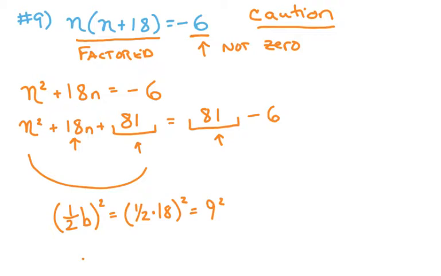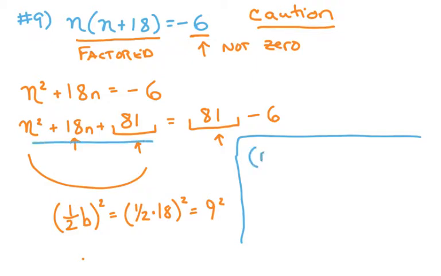So now what are we looking at? We have, let's sort of make some separate space over here. This is a perfect square trinomial, right? N plus 9 squared equals, well, 81 minus 6 is 75.